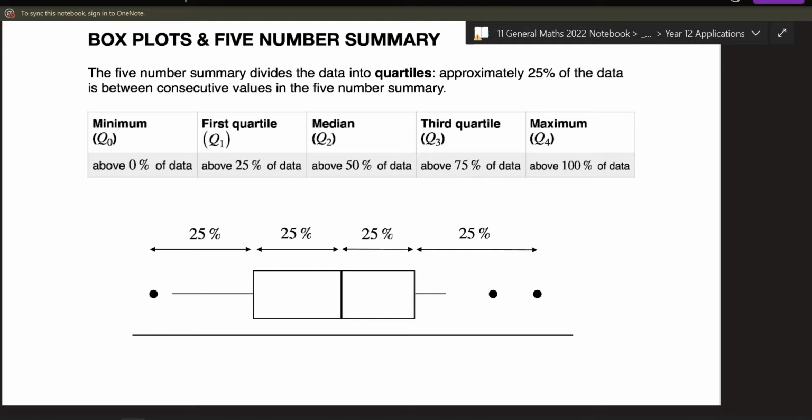So if you look at how it aligns, the minimum would be there, the first quartile would be there, the median represents that line, the third quartile, or Q3, is there, and then the maximum is that final data. Even though they are outliers, they would still be considered as minimum and maximum. So don't forget that when you're doing your box plots.